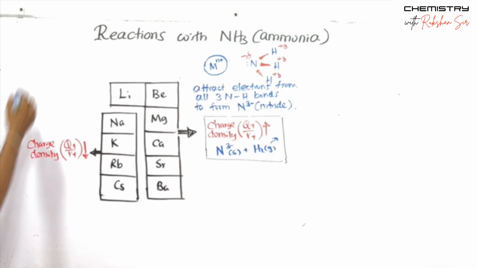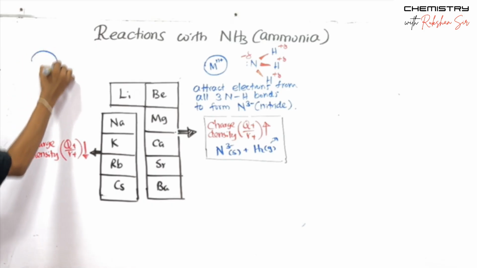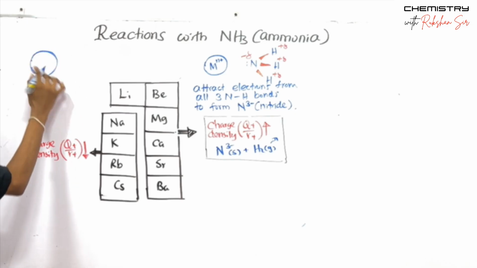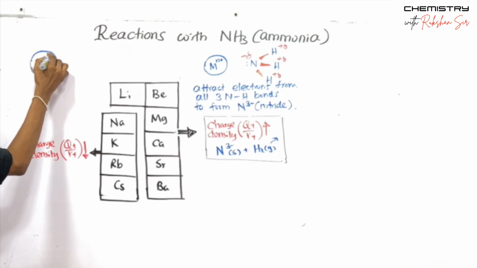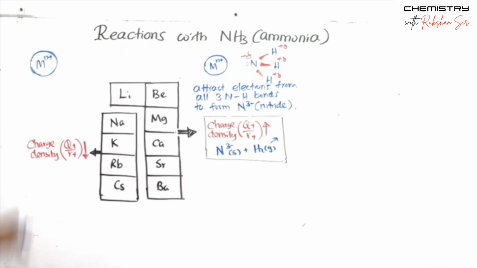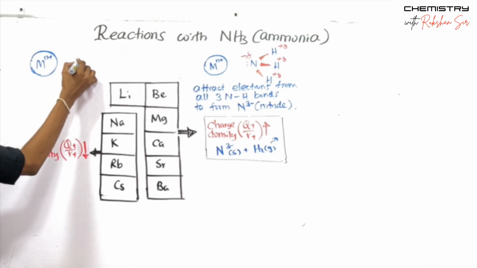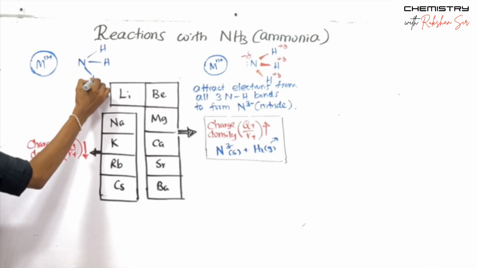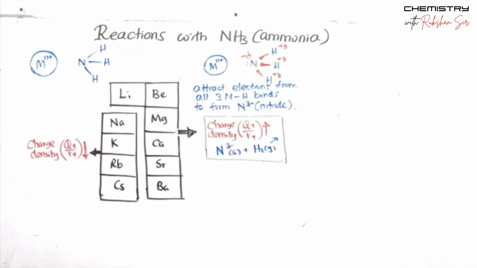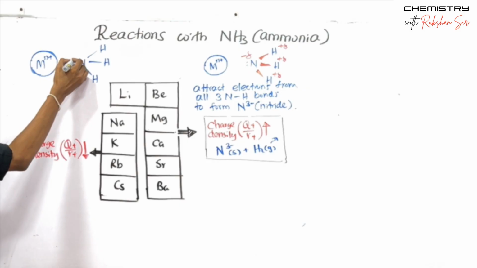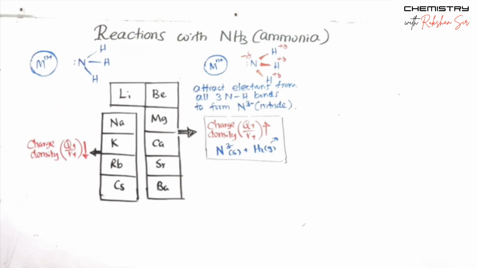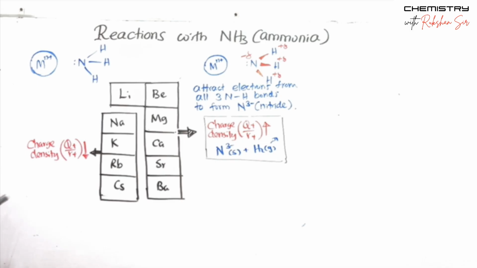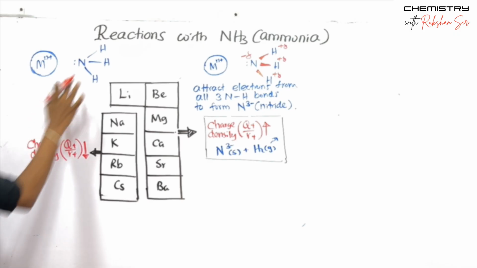But when it comes to cations with low polarizing power, with low charge and greater radius, those are not able to attract electrons from all three bonds because their polarizing power or charge density is smaller.